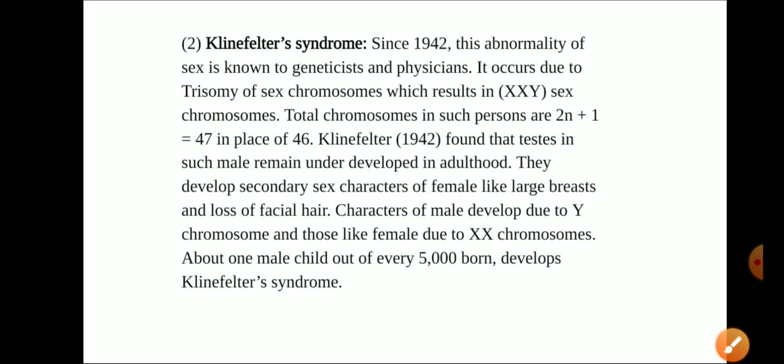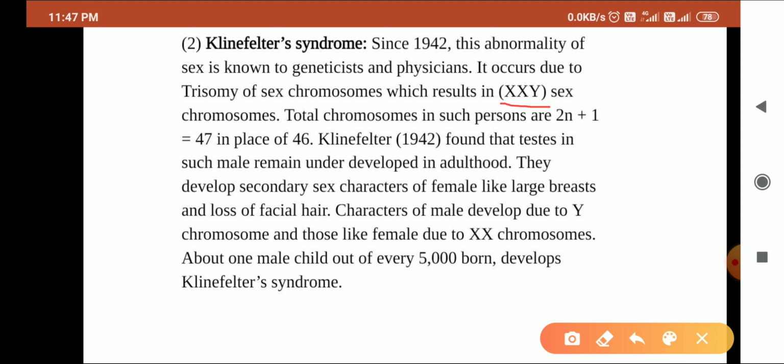In this case, the organism will have XXY chromosomes. We have one extra sex chromosome, that is an X chromosome. It is represented by 2n plus 1. So here we have 47 total number of chromosomes, that is 46 we have already in a normal human being, plus 1, that is 47.